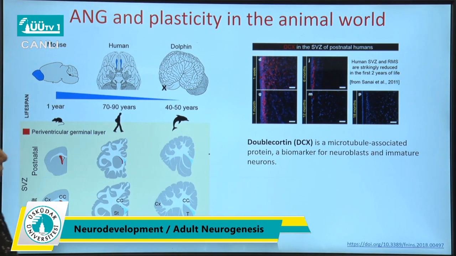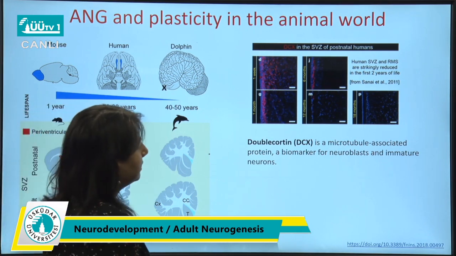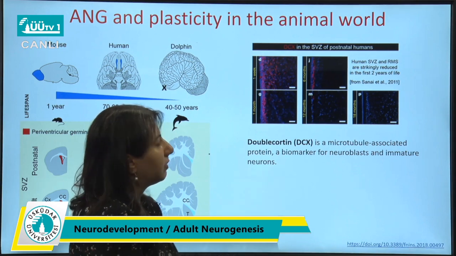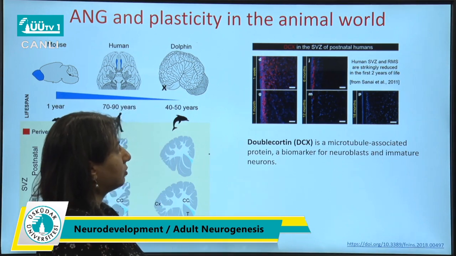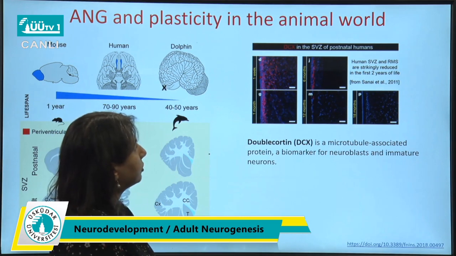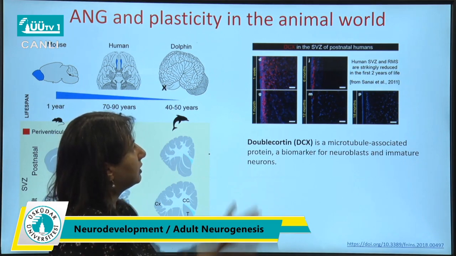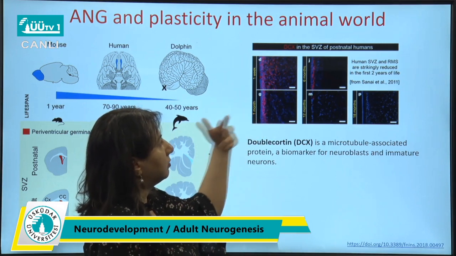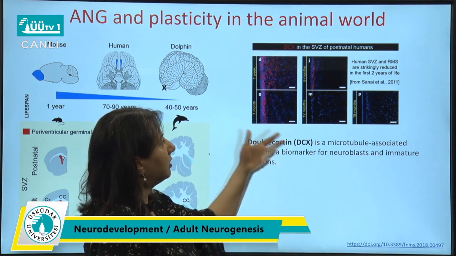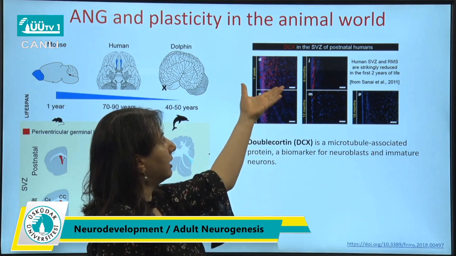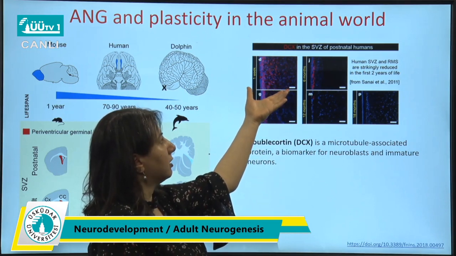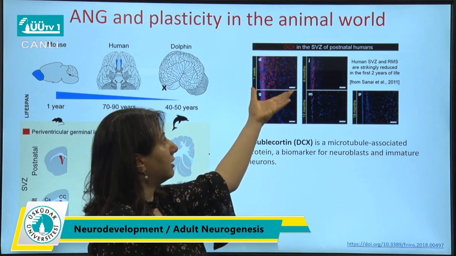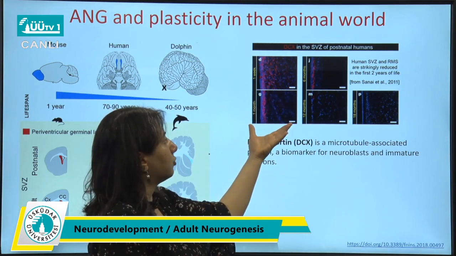Here we see DCX positive cells in the subventricular zone. DCX, doublecortin, is a microtubule associated protein. We use it as a biomarker of neuroblasts and immature neurons. This is the staining from postnatal humans, and when we look at the brain 1 week after birth, we see that there are lots of neuroblasts, lots of DCX positive cells, and the number declines quite a lot when we come to the first month.